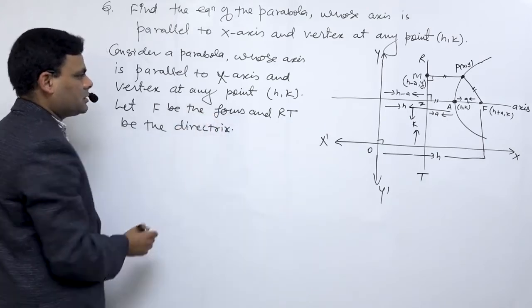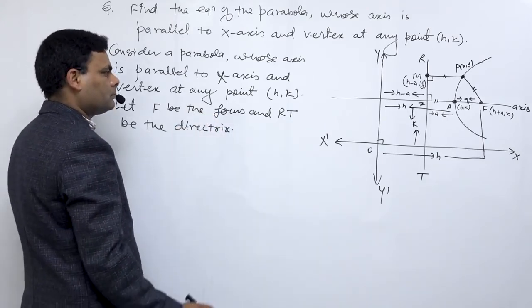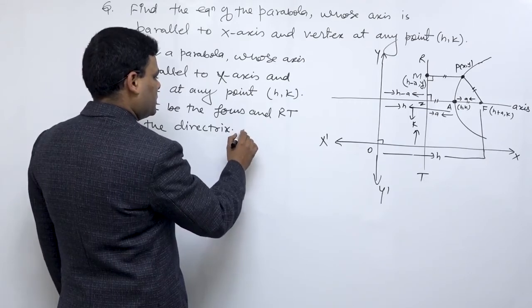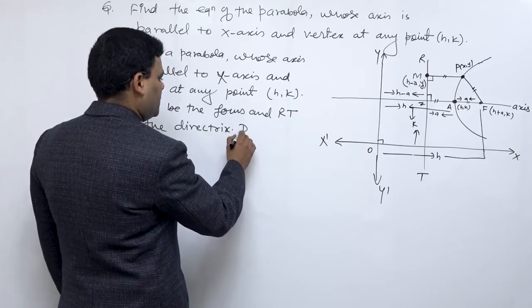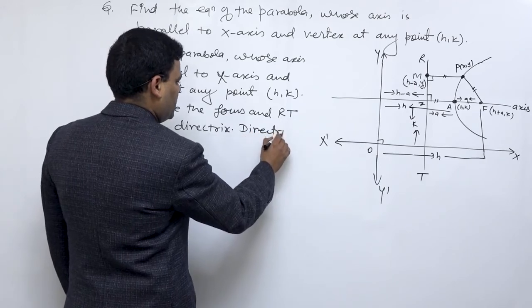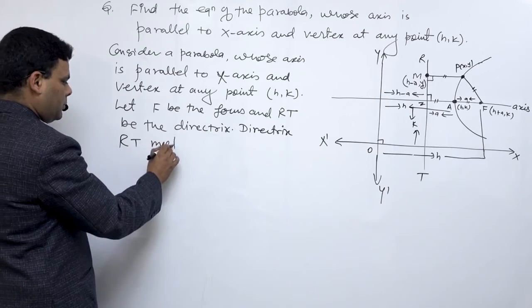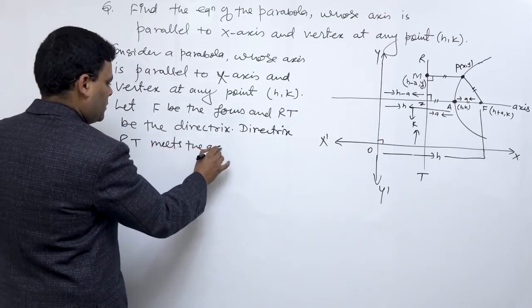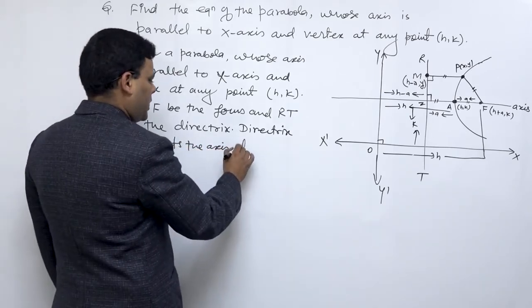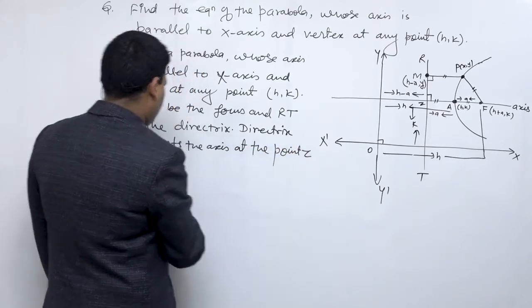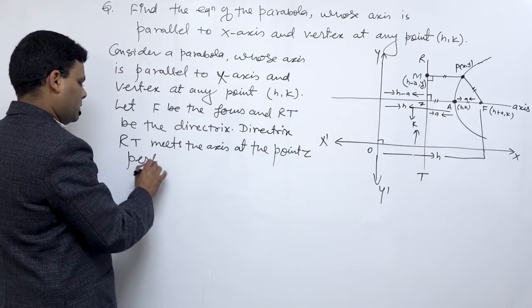Let RT be the directrix. RT meets the axis at the point Z perpendicularly.